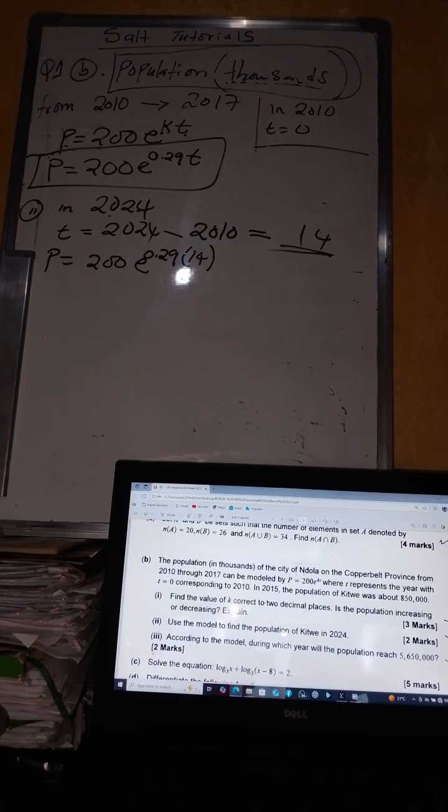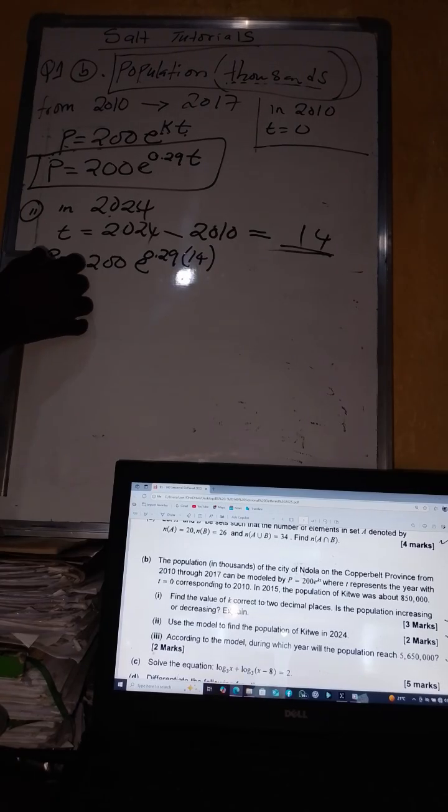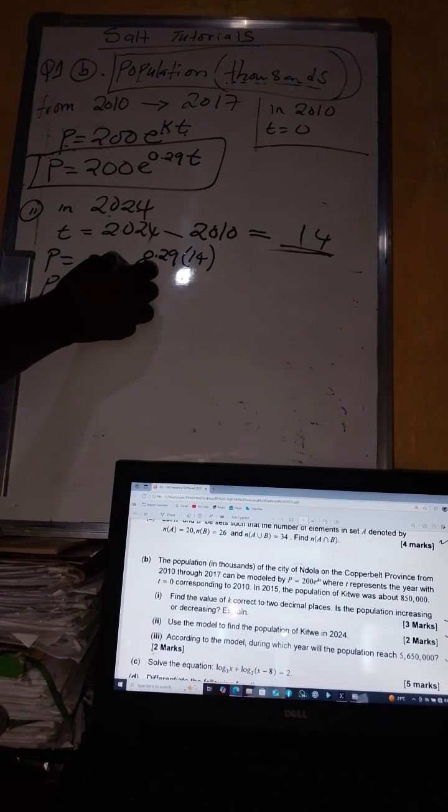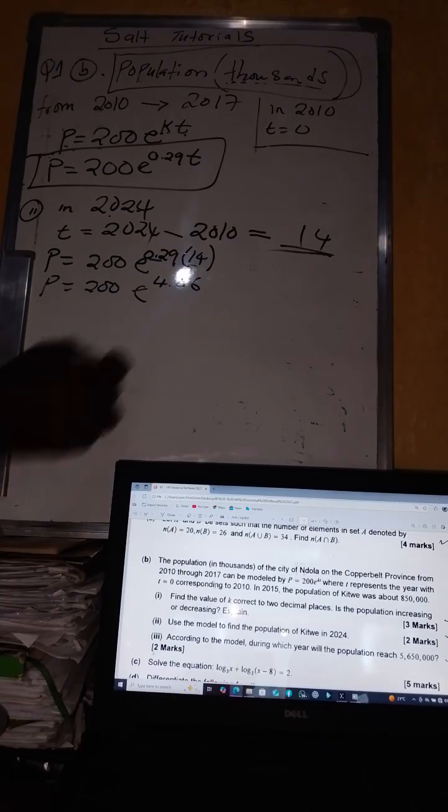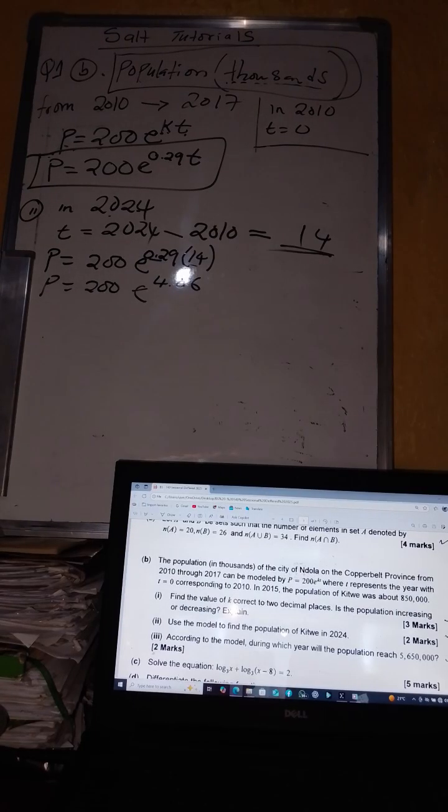So we're going to have 0.29 multiplied by 14. I don't trust this calculator, it's showing blank. If I multiply this times that, I have 4.06. You can confirm, don't trust this calculator.